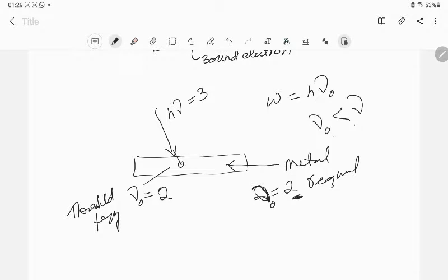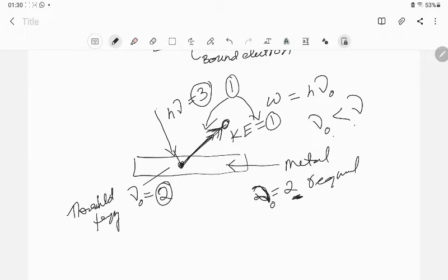Only then can the electron be ejected. From this 3, 2 will be used to eject the electron out, and the remaining one will be left. This electron is moving, so what energy will it have? It will have kinetic energy. So the remaining one will contribute to the kinetic energy.